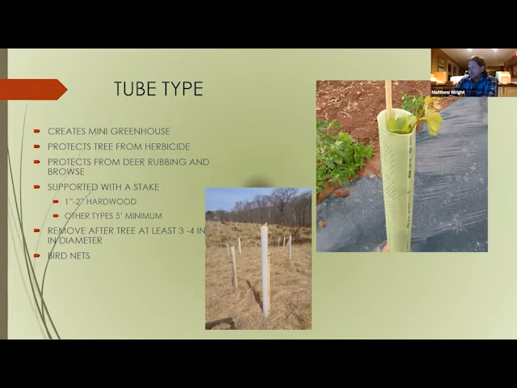You have to go with a 5-foot tube, though. I see them selling these smaller ones. I'm not really sure what they're for. I've never seen much success with anything less than 5 feet. For some reason, deer just at 5 feet, it's like they can't reach it, or they're lazy or something. With a 4-foot shelter, I'll find the trees that are coming out at the top of it are just browsed.